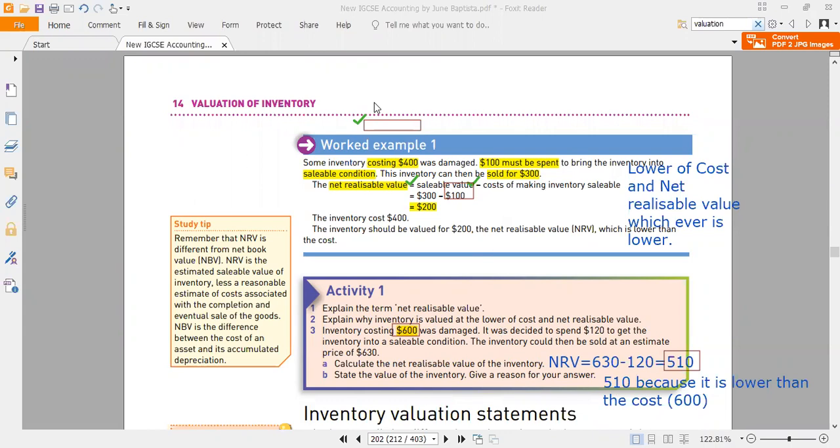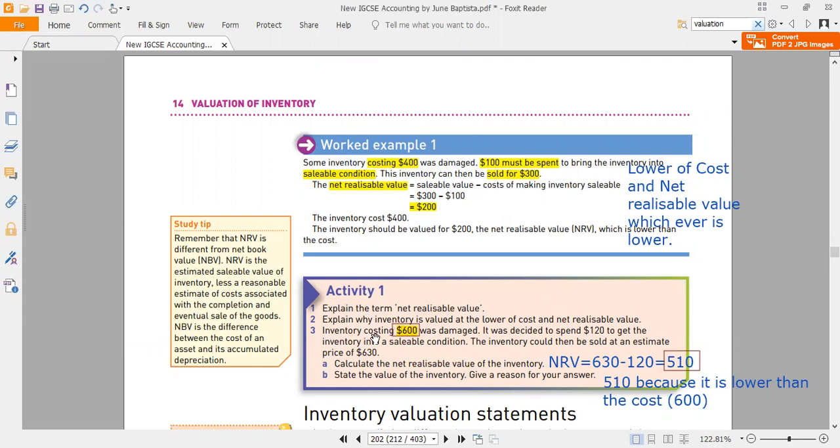But whenever there is net realizable value as well as cost, then you have to compare them. You have to compare cost with the net realizable value.